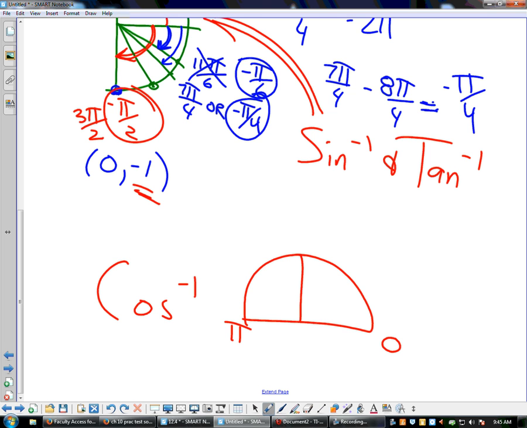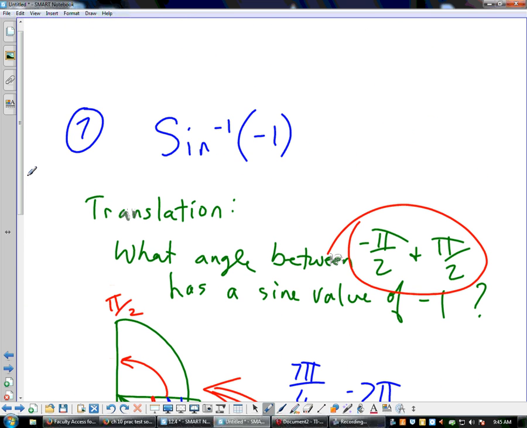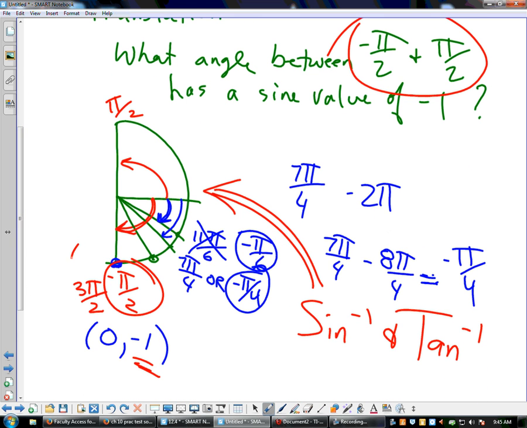All right, so let's go back to this one for a minute. So we are okay with our answer for capital sine inverse of negative 1. Your answer should be negative pi over 2, because that is the angle between negative pi over 2 and pi over 2 that has a y coordinate of negative 1, because there's my ordered pair, 0, negative 1.